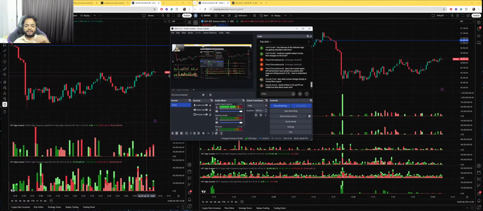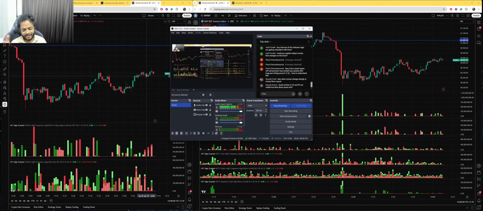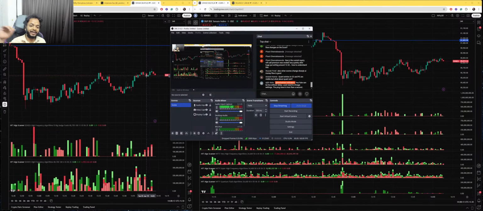Suppose you see that the market is consolidating, and sometimes you will notice that the scores are going down. Then you realize that someone big is shorting, or suppose the score is going up. Like on one of the Thursdays, when the Nifty crossed 25,000, before that pump I showed you that Nifty was consolidating in a range, but the AI money flow was increasing.